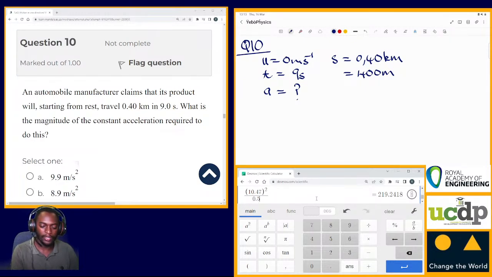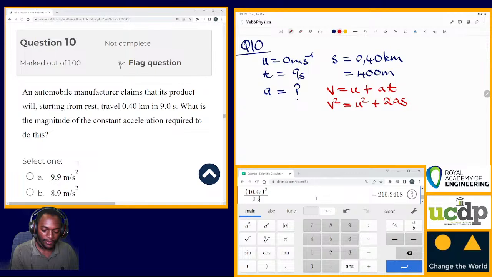Okay, so what do we do? Since it's motion in 1D, we can make use of our equations of motion. If you recall, v is equal to u plus at. Equation 2: v squared is equal to u squared plus 2as.